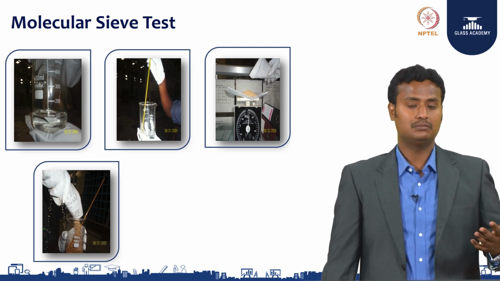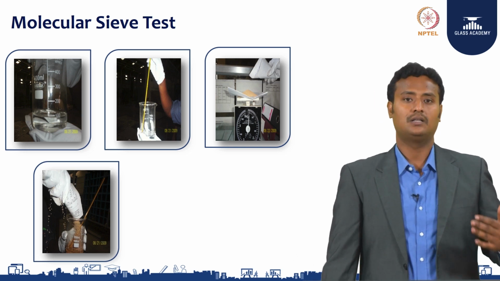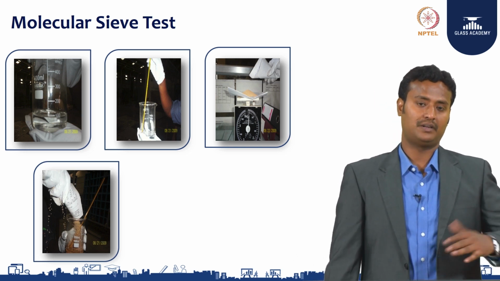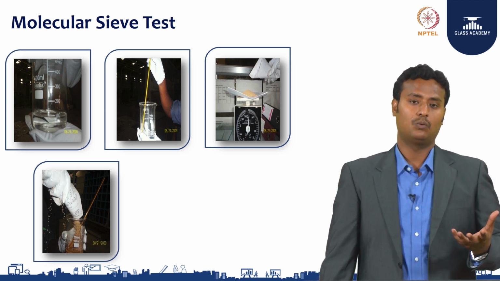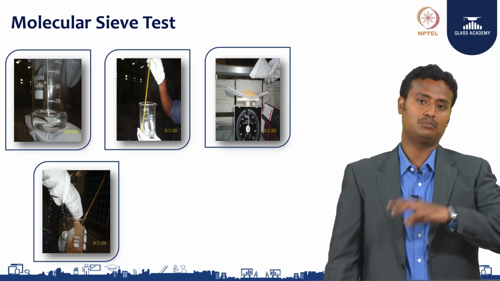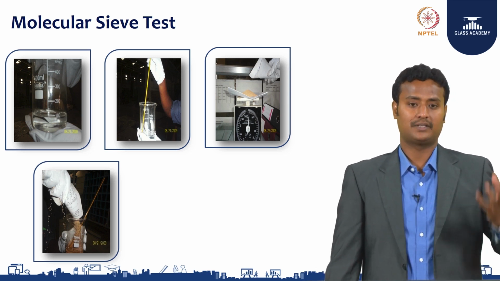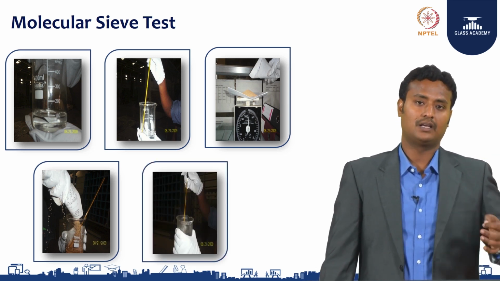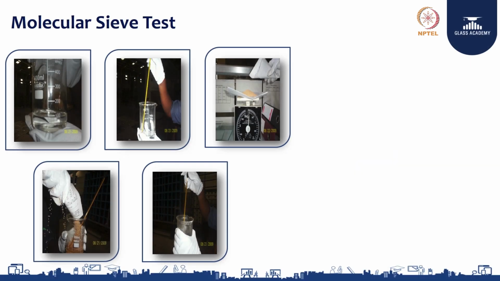After you note down the molecular sieve temperature, you transfer the molecular sieve from one beaker to the beaker containing the water, pouring it in. Then test immediately with the help of a thermometer.